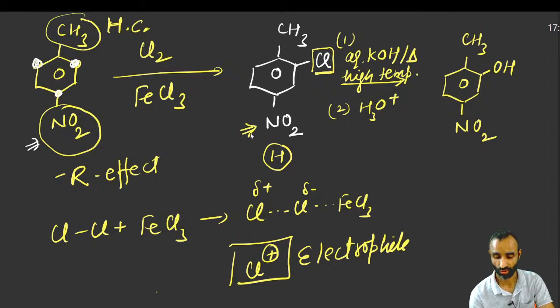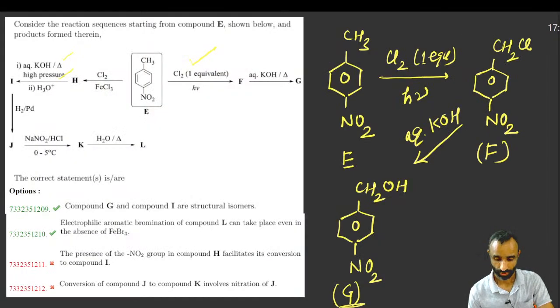Yes, but NO2 will help it to carry over. Yes, but at the same time, methyl is also attached. So that will counterbalance the effect of NO2, because NO2 has only a minus I effect at chlorine. If it is at ortho or para, then its effect is more pronounced. Anyhow, we get I. Sorry, G.